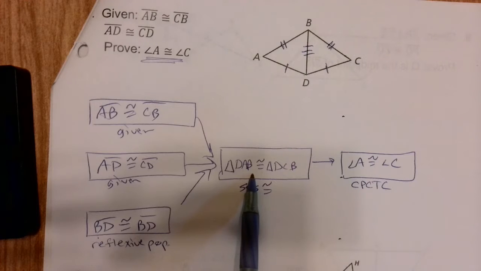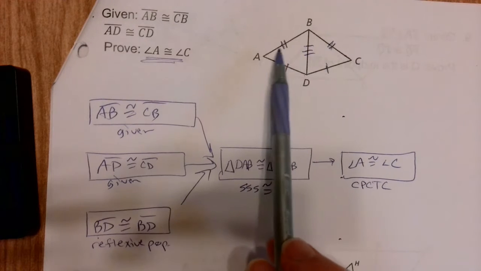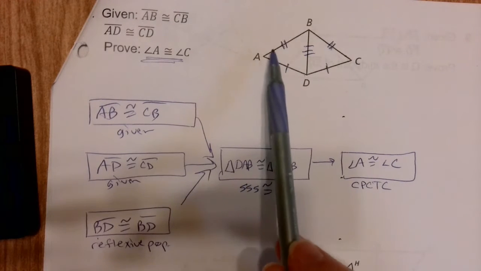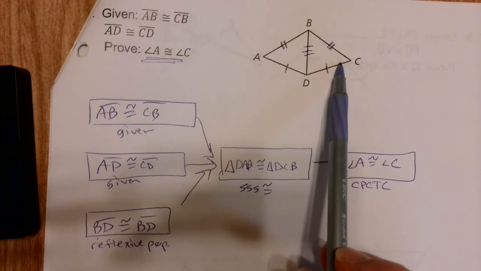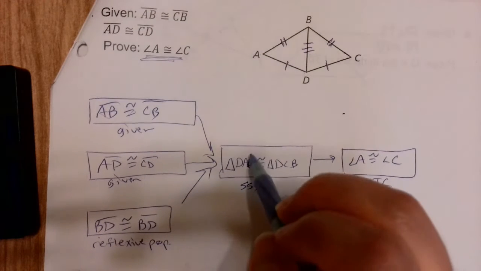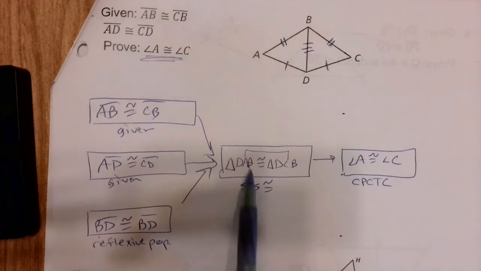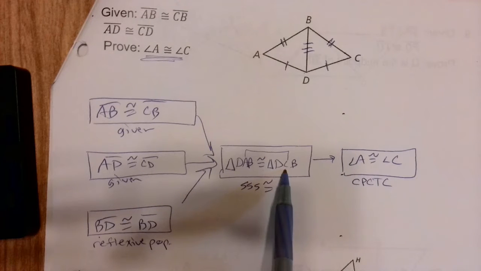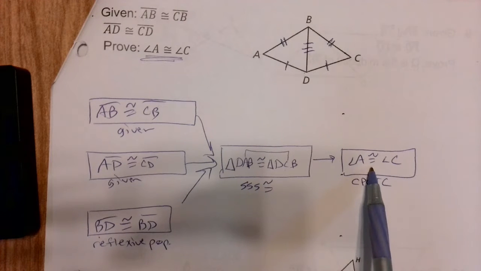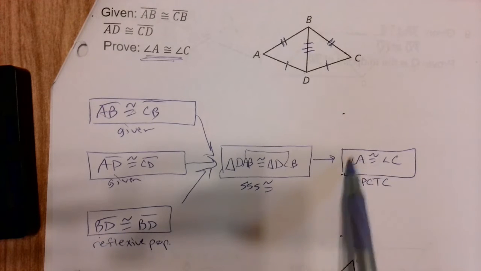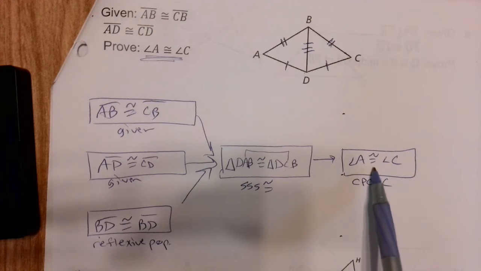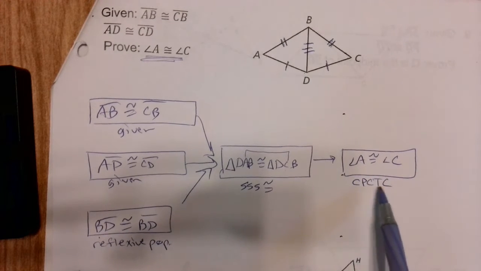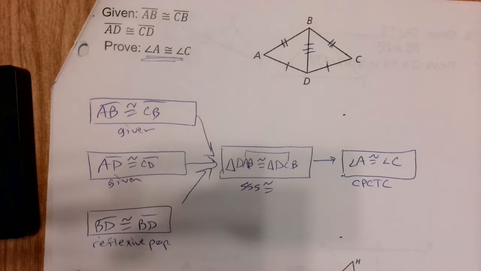So since they are congruent, then angle A and angle C are congruent because remember, they correspond. They match up. And because they match up, they have to have the same number, so they're congruent. So this part here is always going to be like a side or an angle, and CPCTC goes underneath it.